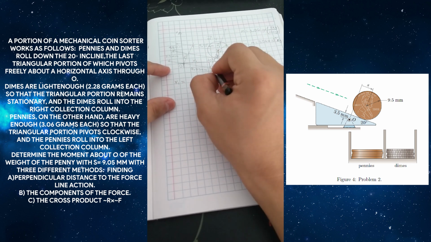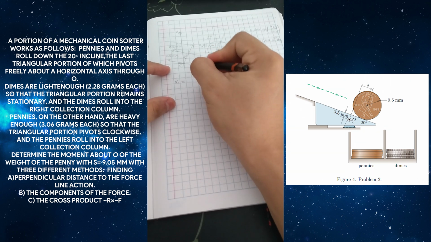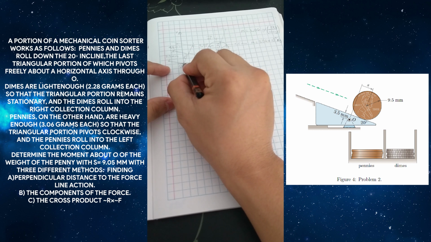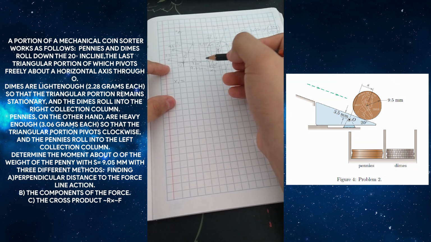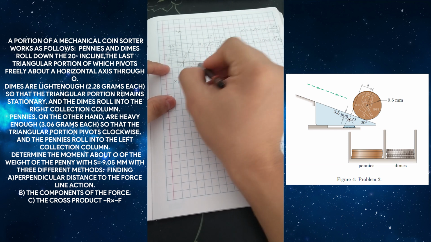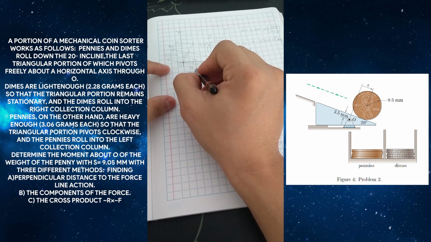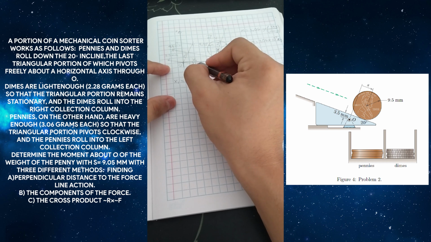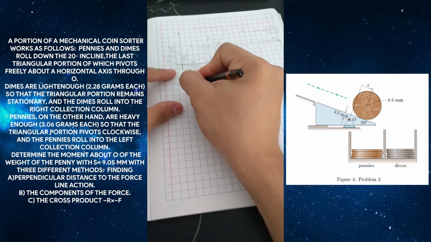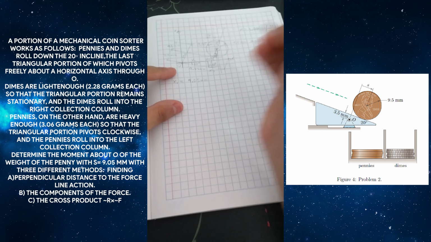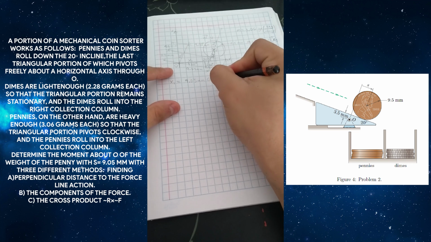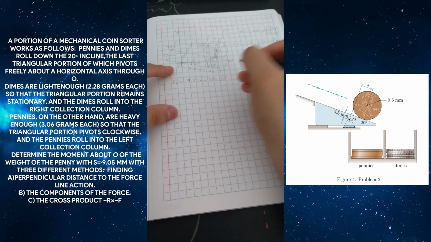And here we have 20 degrees, and therefore this side is going to be the hypotenuse times cosine of 20 degrees, 9.05 millimeters times cosine of 20 degrees.